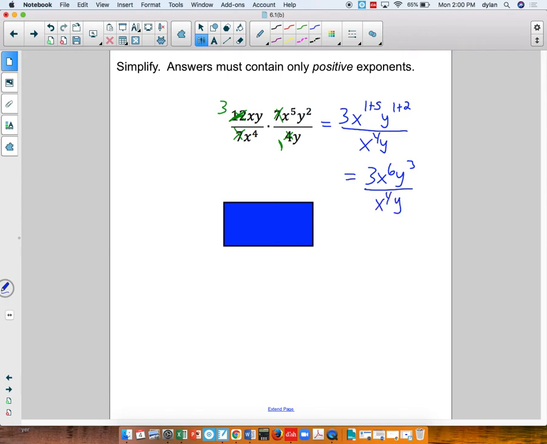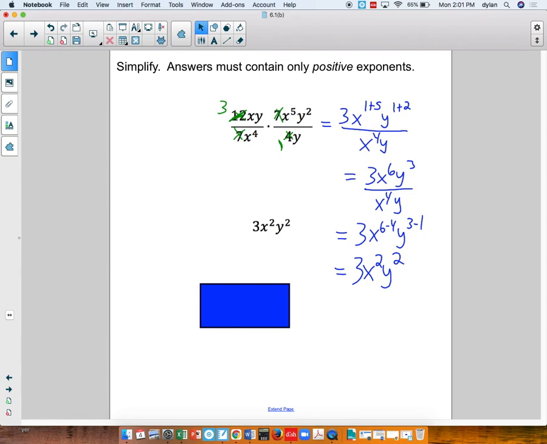So now we can just use our division property to subtract. So we have 3x to the 6 minus 4, y to the 3 minus 1. And that's the same thing as 3x squared y squared. Just a few more steps to this problem, but nothing too difficult.